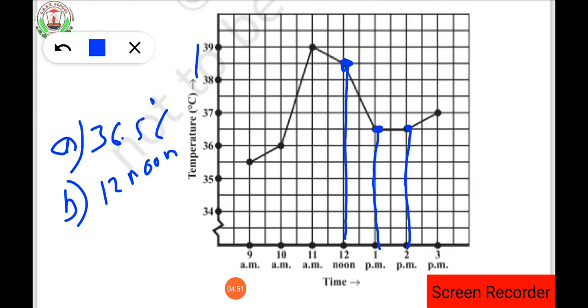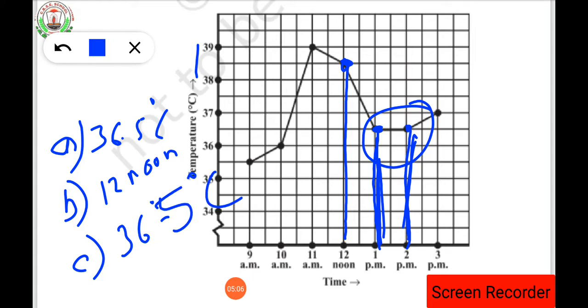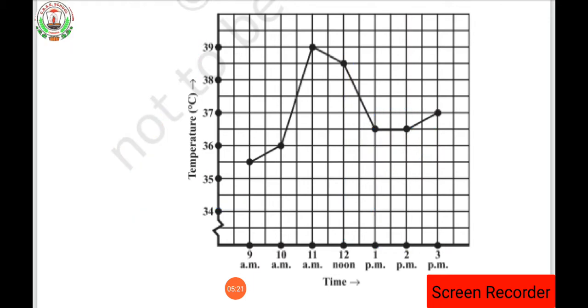At 1 p.m. and at 2 p.m. the temperature of the patient shown in the graph is 36.5 degrees centigrade. At 1 p.m. and 2 p.m. the patient has the same temperature, 36.5 degrees centigrade. Clear everyone?